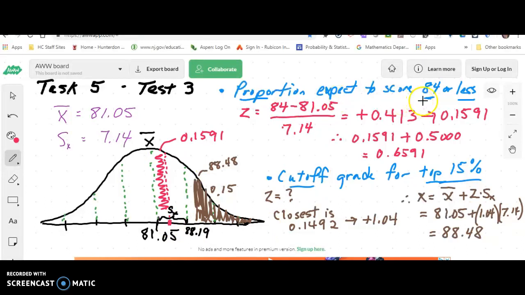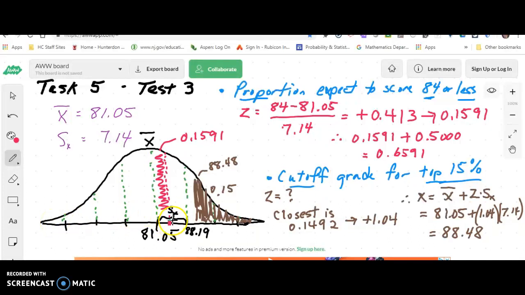For this problem, we're looking for the proportion from 84 on down, or 84 or less. So we need the area under the curve from a z-score of positive 0.413, which is roughly around here. We need the area from this value all the way to the tail. We're looking at less than 84.